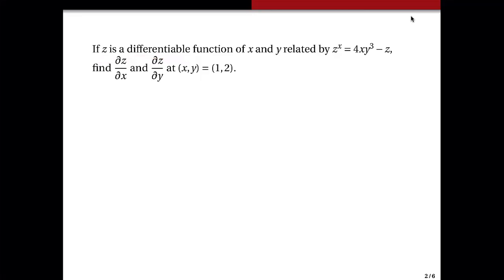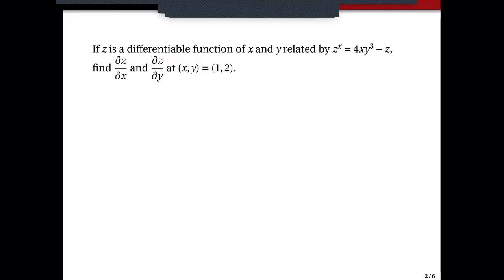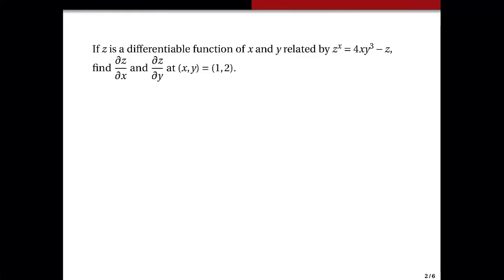Remember, when getting partial derivatives of functions involving several variables, with respect to one of the variables, what we do is we treat all other variables as constant. So it's like the function will only have one variable, so we can easily get the derivative with respect to that variable.